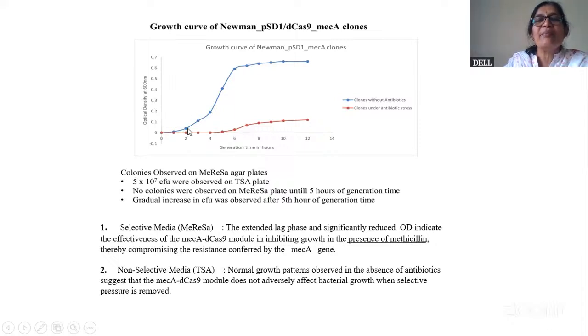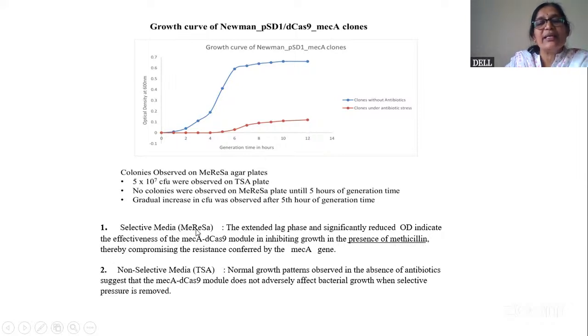On a normal media with the PSD1, the MECA will grow, but here there is a selection pressure of methicillin. Therefore, it cannot grow because the transcription of the MECA genes does not take place, and they are resting here for about 6 hours, then slowly grow, but still will not reach the growth rate required to cause the disease.